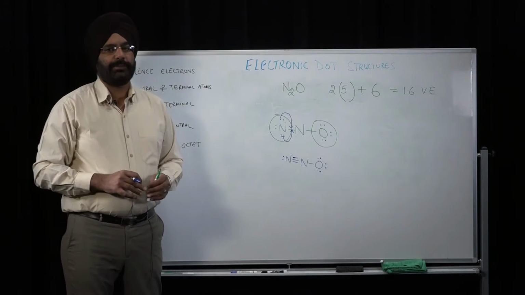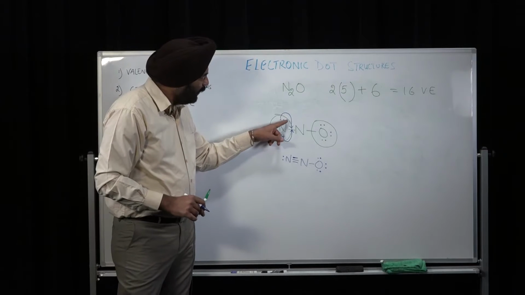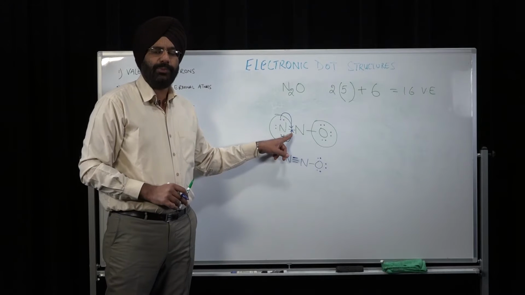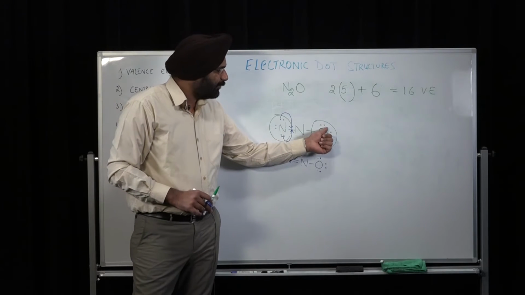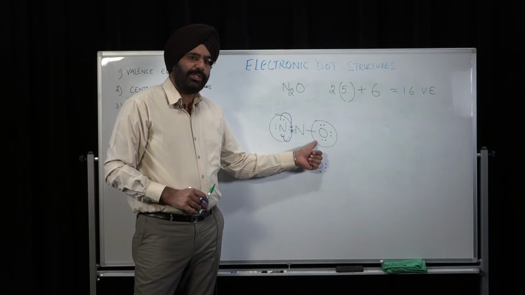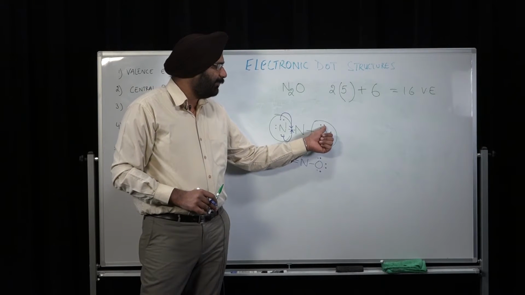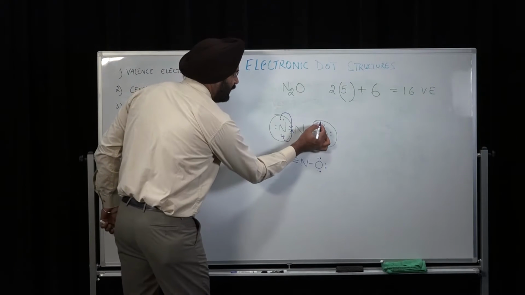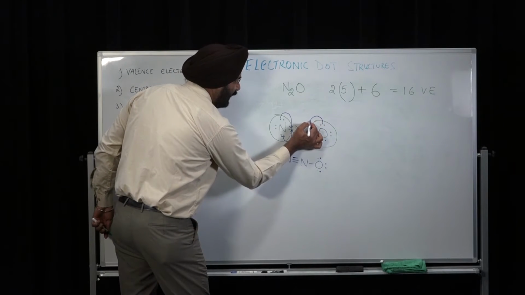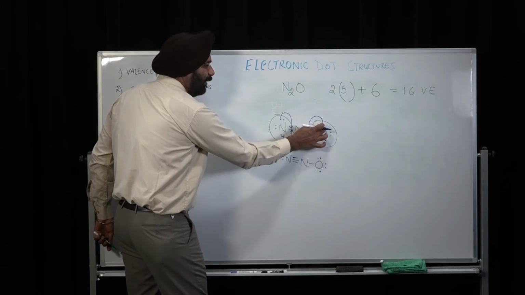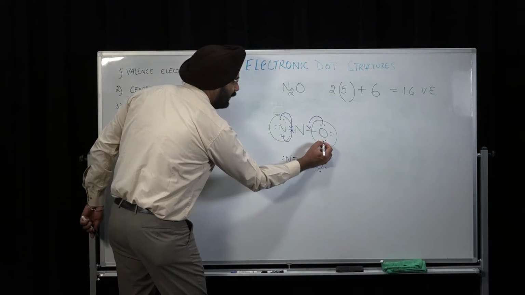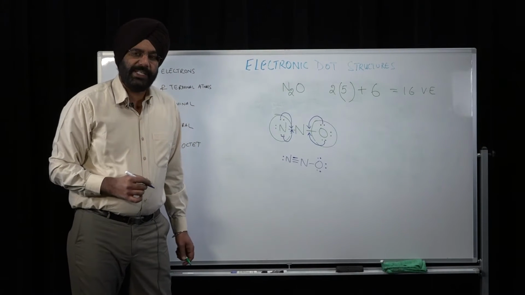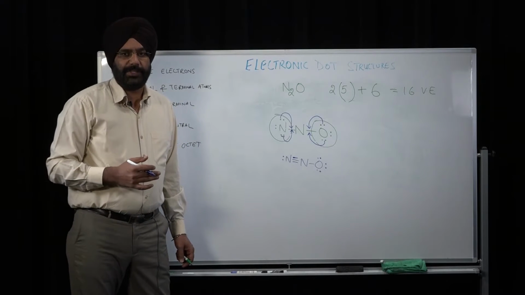But here comes the question. Why only these electrons are getting converted into a bonded pair? Why only these? Why not these electrons, the electrons which are on the oxygen, getting converted from a lone pair into a bond pair? What I'm saying is, there is equal probability that the lone pair of electrons on the oxygen get converted into bond pairs.